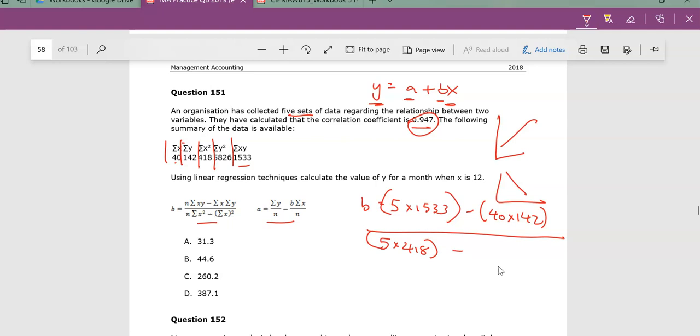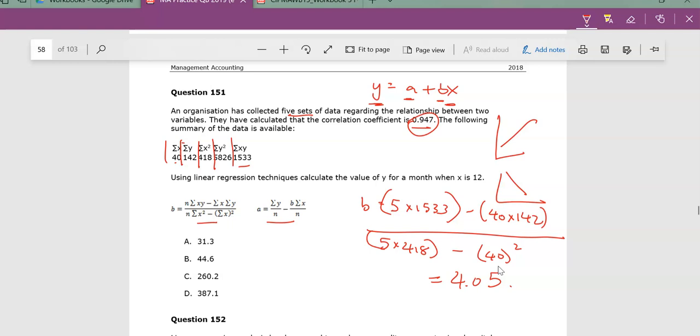minus Σx, which is 40 squared. So just watch very carefully. Bang all this into your calculator and you should get b coming out at 4.05. So take your time, I'm sure you've gotten that already.